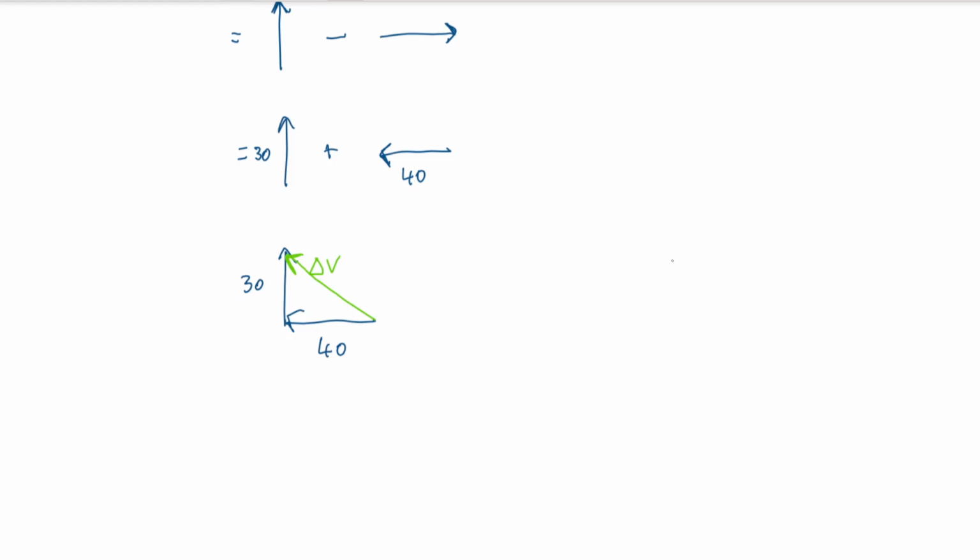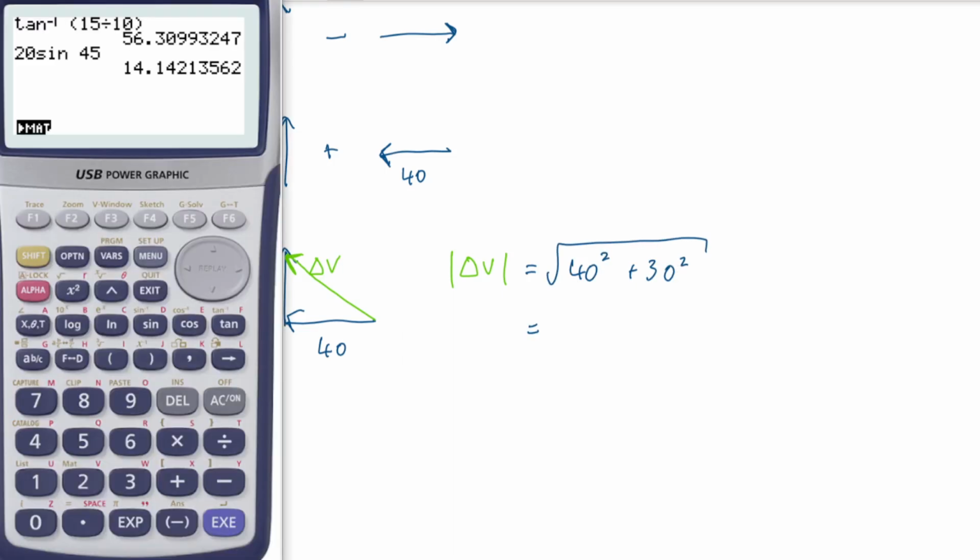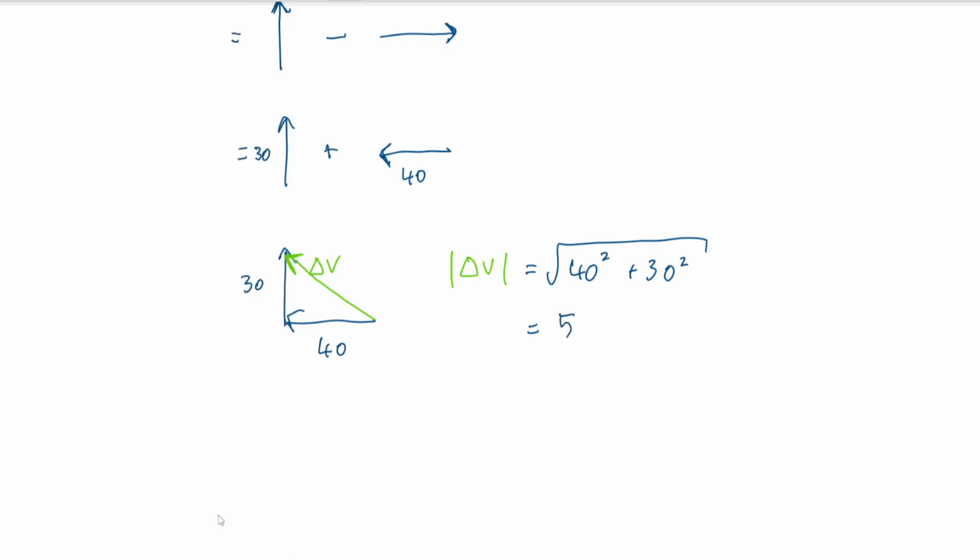So the magnitude of delta V is each side squared and then all square rooted. So 30 squared plus 40 squared, shift square root, shift answer to give 50. I should have got that. That's a 3-4-5 triangle, right? 50 meters per second. That is its magnitude.